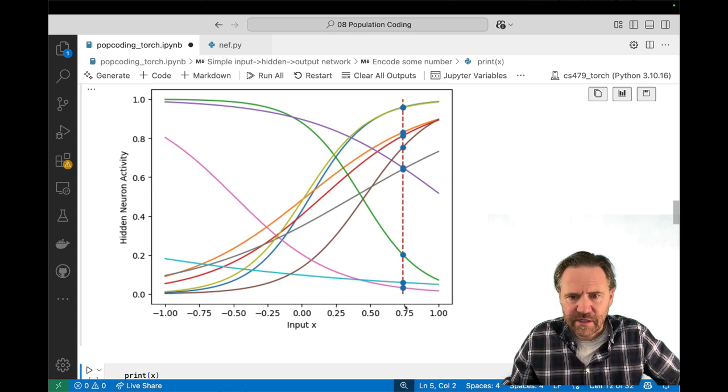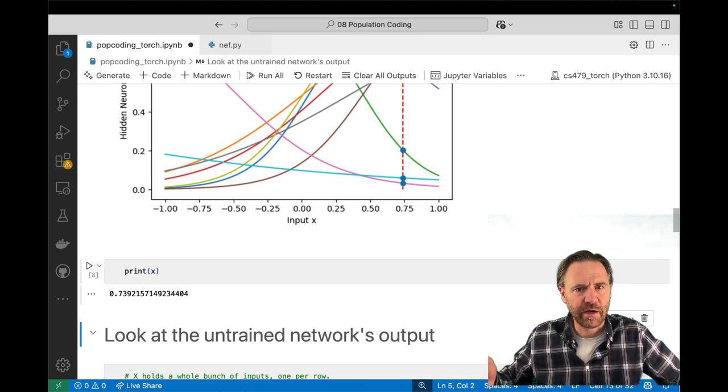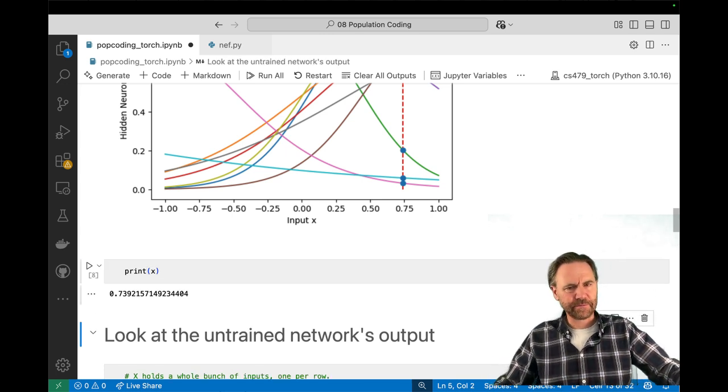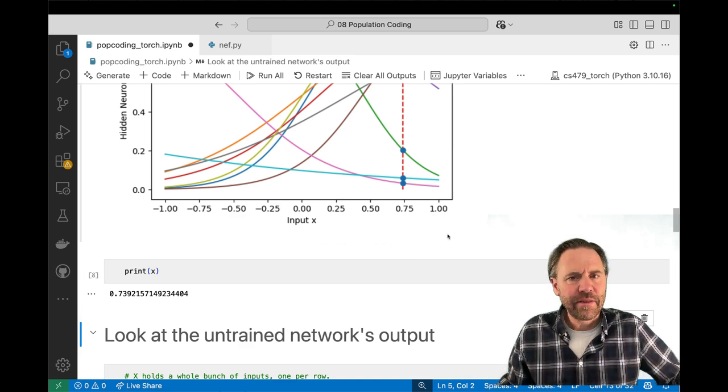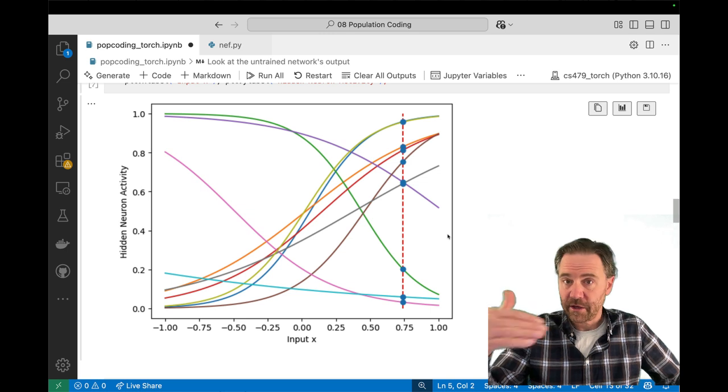It looks like it's about 0.748 or something. So let's see what it was. 0.739. Something like that. Okay. So the idea is that from the hidden layer alone, you can infer what value was encoded.